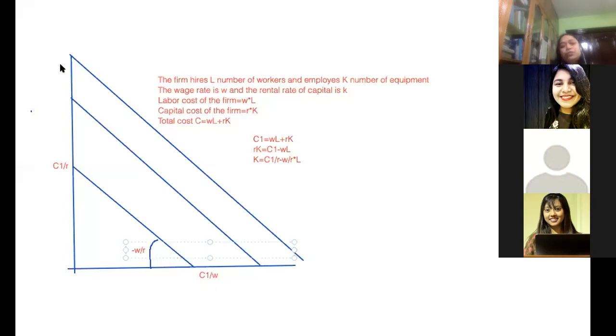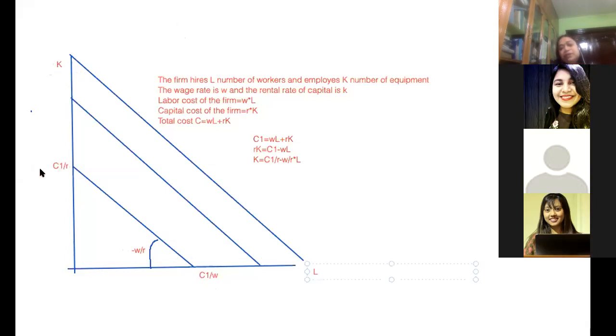So you have capital over here, and you have L over here.